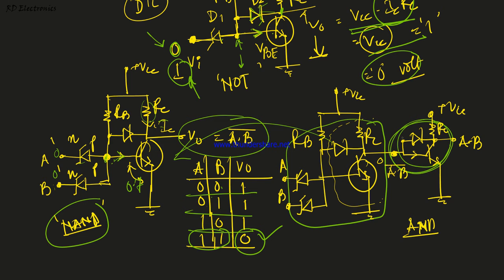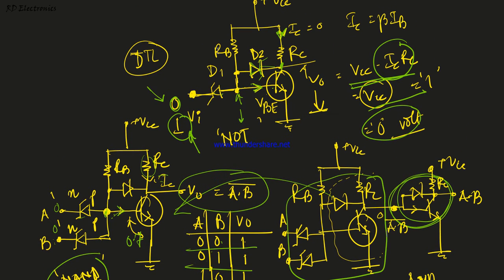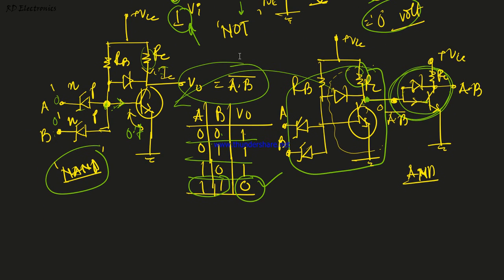This inverter circuit is the same as this inverter, but here we have not connected any base resistance. Why? Because this output is connected here. So just the diode and the transistor make the inverter operation, because the RC and the output stage of this circuit drive this stage. That's why this part is not connected here. We just connected this part only. This part inverts our logic from 0 to 1 or 1 to 0 for the corresponding inputs.